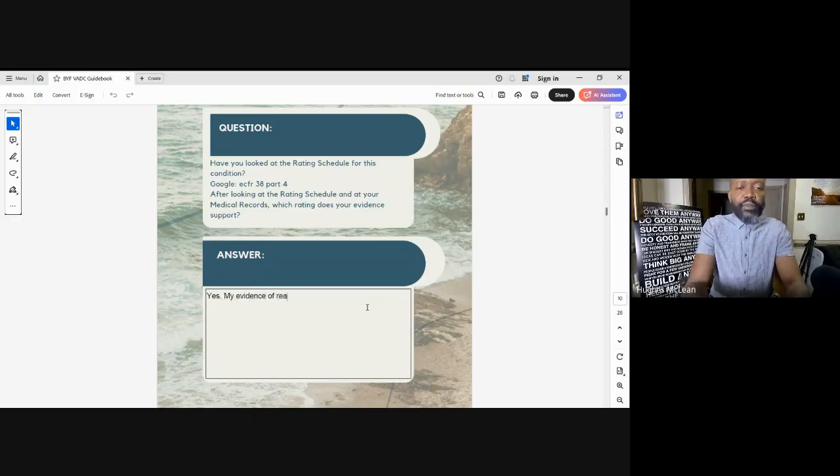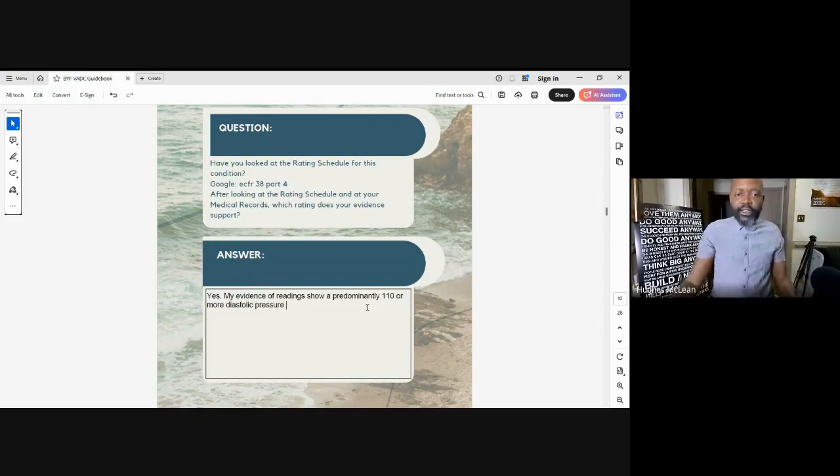My evidence of readings shows a predominantly 110 or more diastolic pressure.